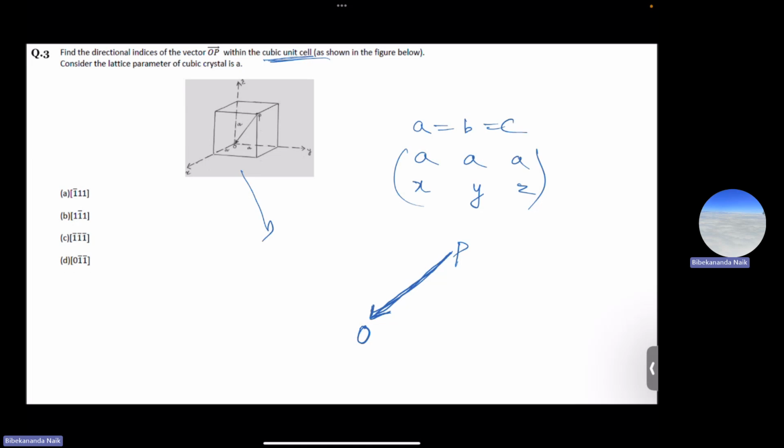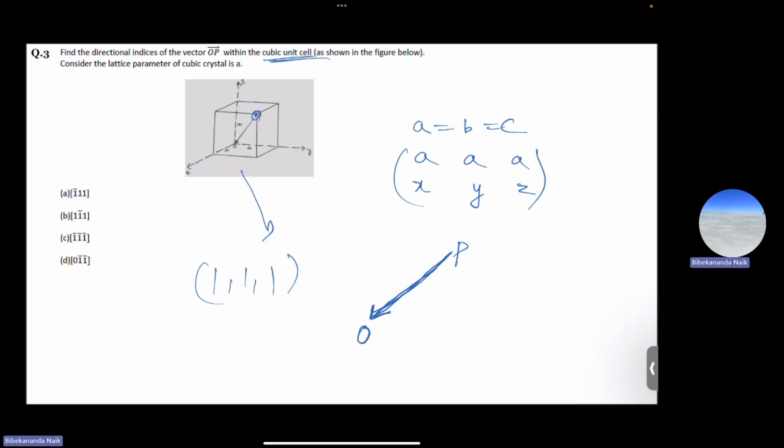So if we discuss this question, the vector OP. In order to find the actual direction, we need to place the tail of this vector, that is point P, at the origin O. So if we do the same, then this point is nothing but 1, 1, 1. This is the corner.